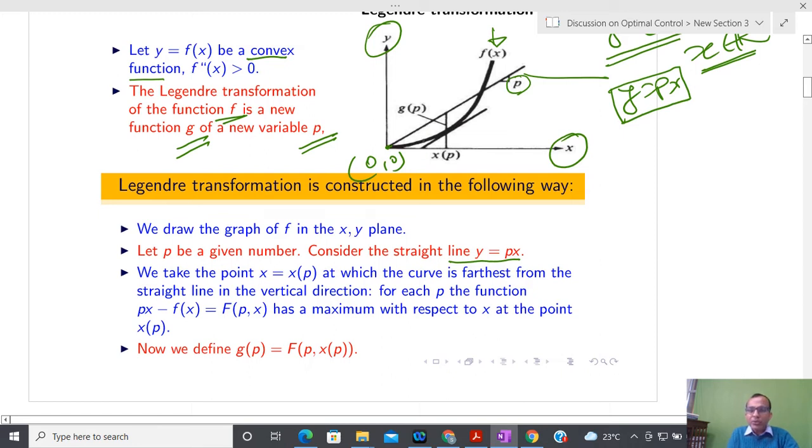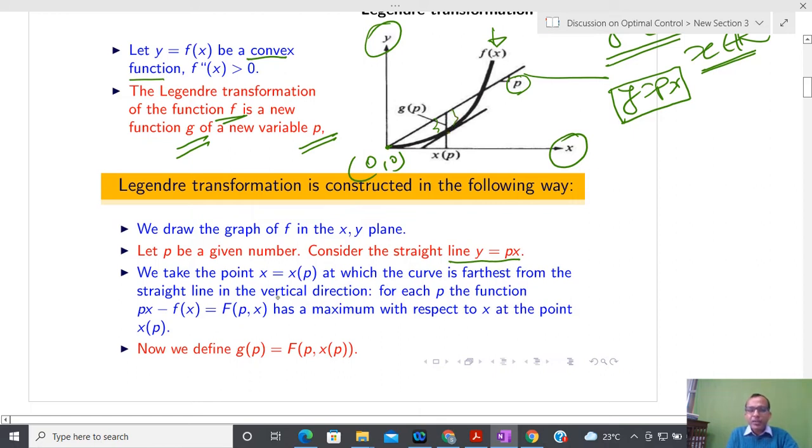You can plot any line, that doesn't matter, and after that we drop a point from here to here and see where the curve's farthest point comes into the picture.